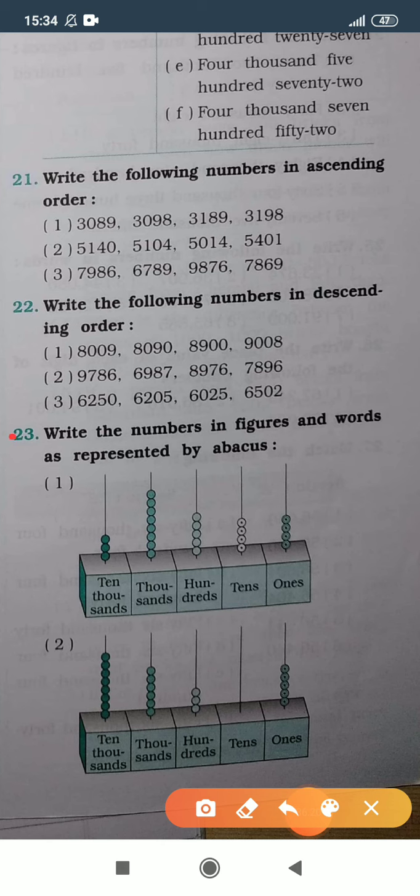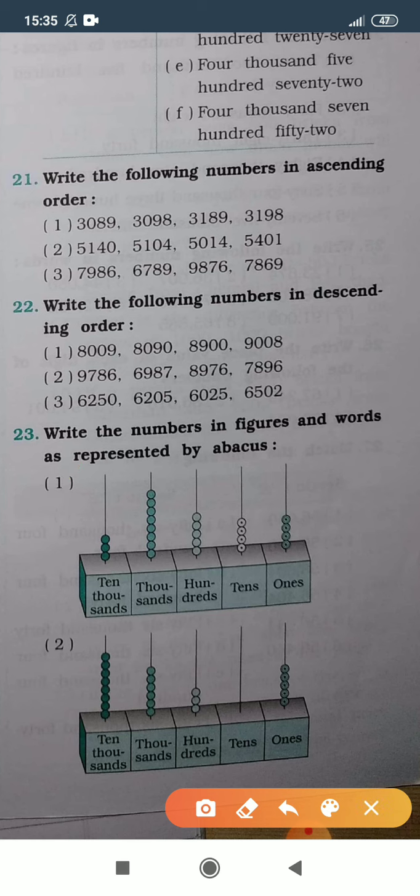Now next, number 23, write the numbers in figures and words as represented by abacus. In the last question we had done till 1000 place value. Okay, now here 10,000 place value is given. So let's see question number 1 and we'll see row wise the beads.